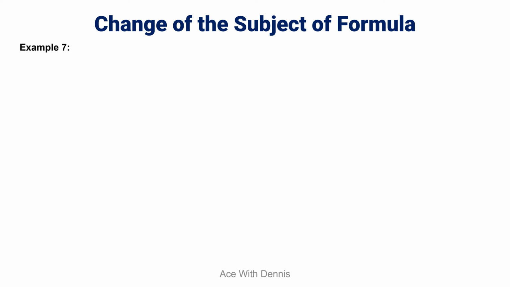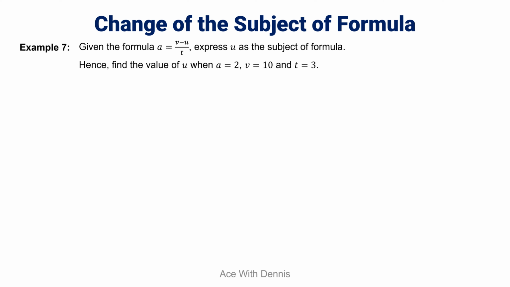Now, let's look at example 7. Given the formula a equals v minus u over t, express u as the subject of formula. Hence, find the value of u when a equals 2, v equals 10, and t equals 3. So here's the solution.